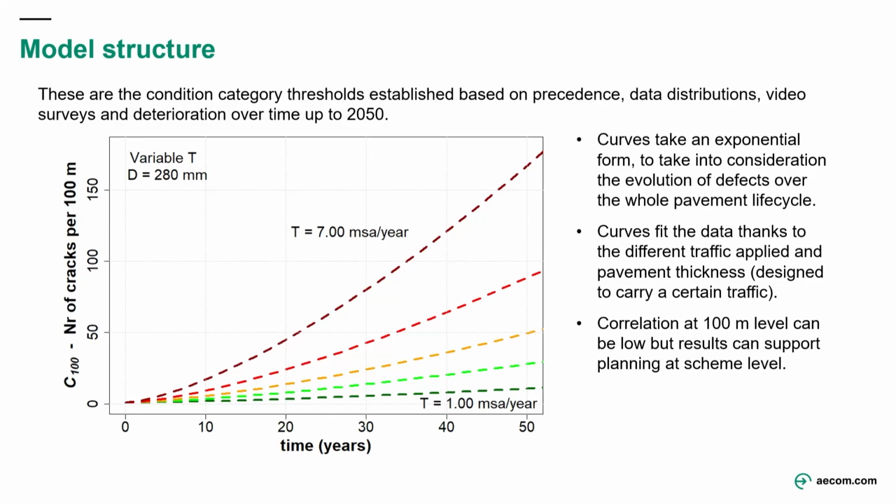And this reflects what we have seen on hundreds of 100-meter sections all across the UK, some in better condition, some in worse condition. And for modeling, we actually considered that those cracks or damage that were repaired were also part of the historical degradation of the pavement.